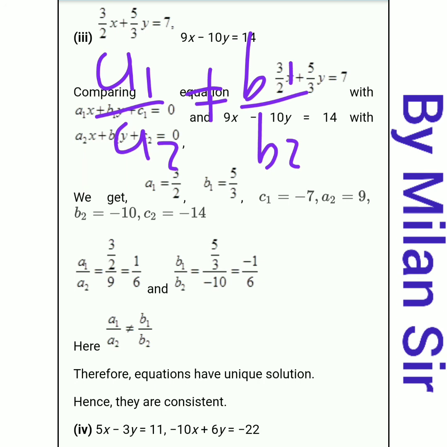Directly from here we can say that this is the unique solution. This is the condition for a unique solution. So the pair of linear equations is consistent because this is the condition for consistency, right? So directly we can say that these equations are consistent. So at last you need to write like this: Therefore the equations have a unique solution, hence they are consistent.